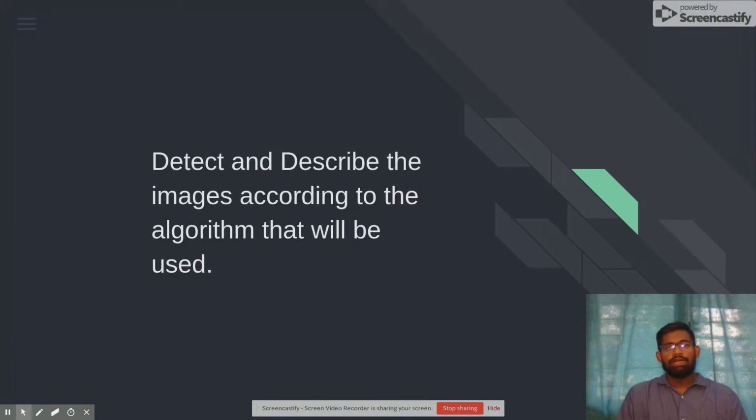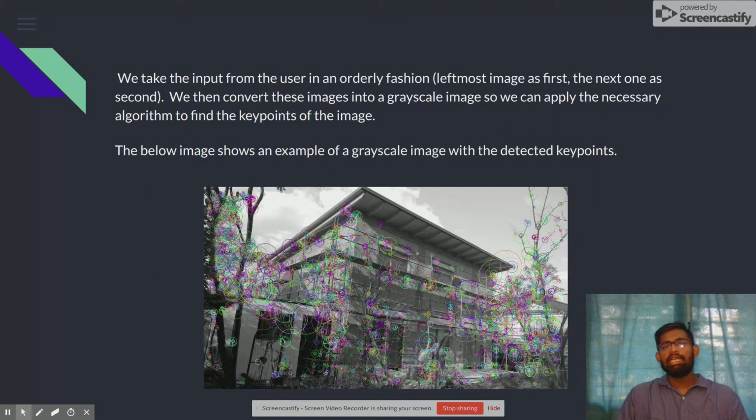The first step is to detect and describe the images according to the algorithm that will be used. We take input from the user in an orderly fashion: the leftmost image first, the next one second. We then convert these images into grayscale so we can apply the necessary algorithm to find the key points of the image.